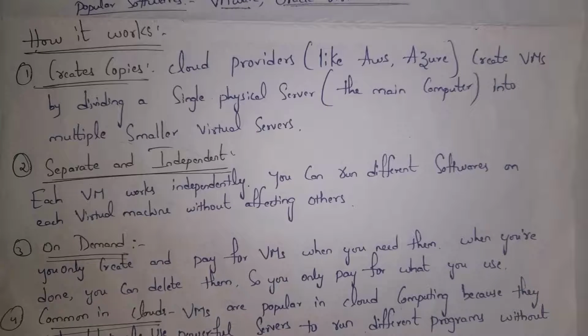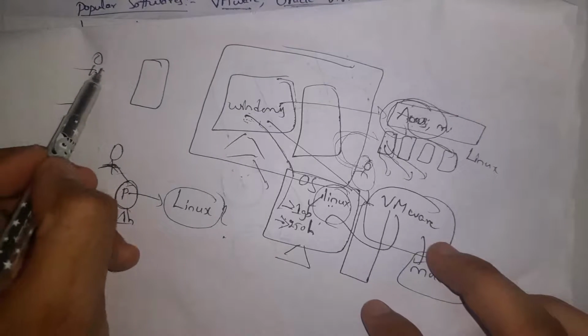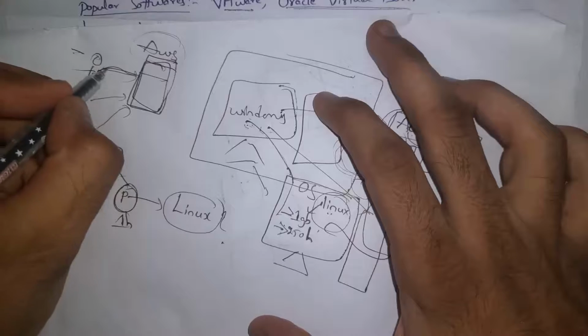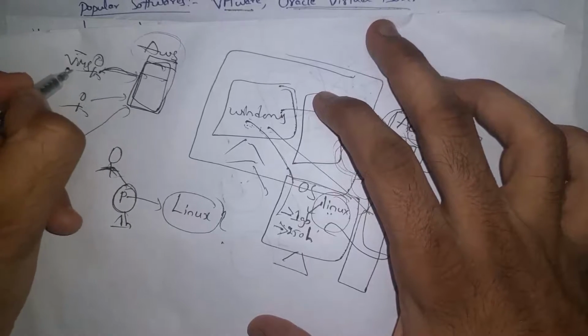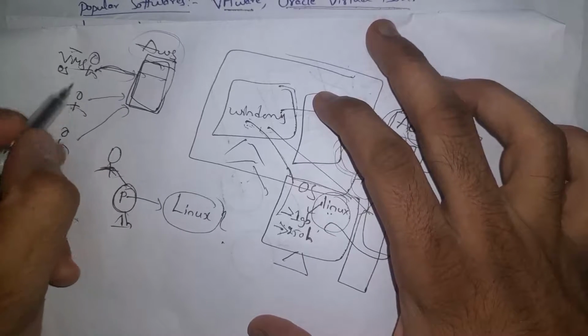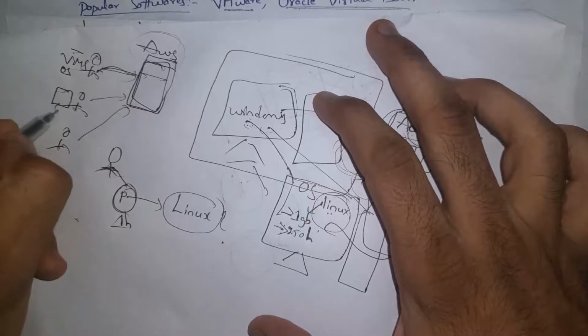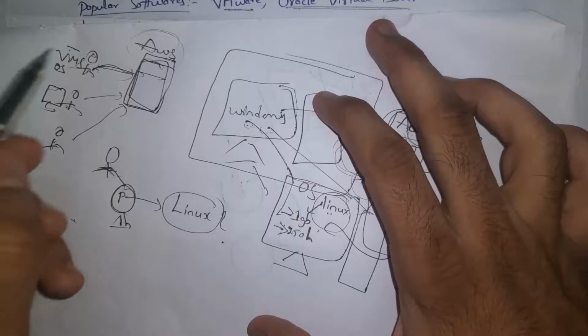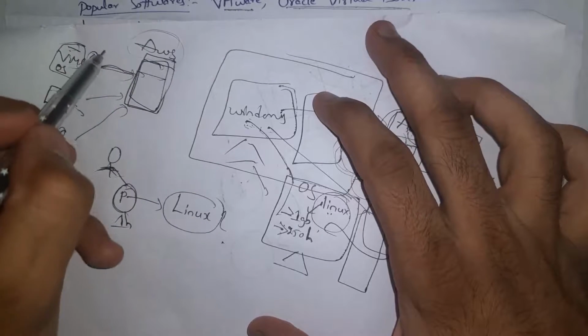And second one is separate and independent. Each VM works independently. You can run different software on each virtual machine without affecting others. Guys, I already said before, multiple users will use a single server. This person will create one virtual machine in this server, like the Windows operating system, and this person will create one virtual server in this server, and this is the Mac operating system, and this person will create one virtual server in this server, and this is the Linux operating system, and he will store some files.